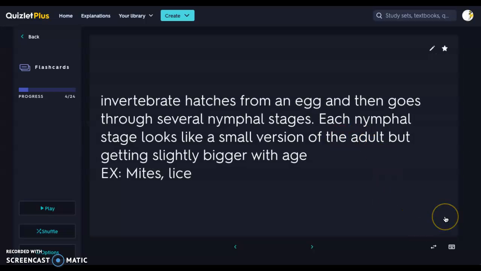Incomplete metamorphosis is when an invertebrate hatches from an egg and then goes through several nymphal stages. Each nymphal stage looks like a small version of the adult, but getting slightly bigger with age. Examples of this would be mites and lice. All right, so this is important because I might see a little tiny mite, but it looks almost exactly like the adult, just smaller.